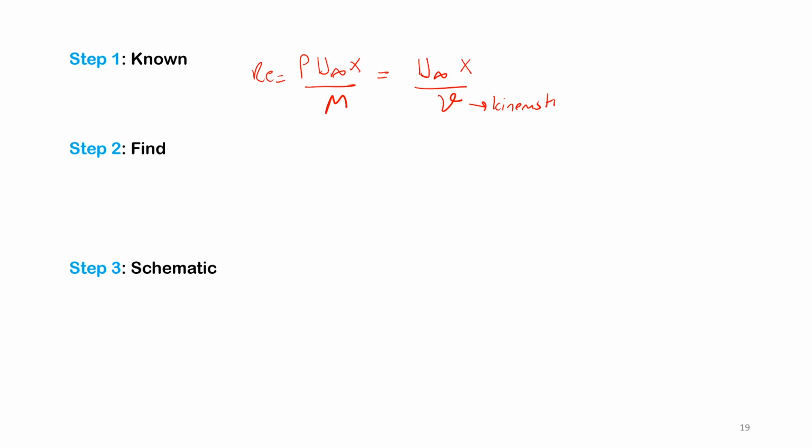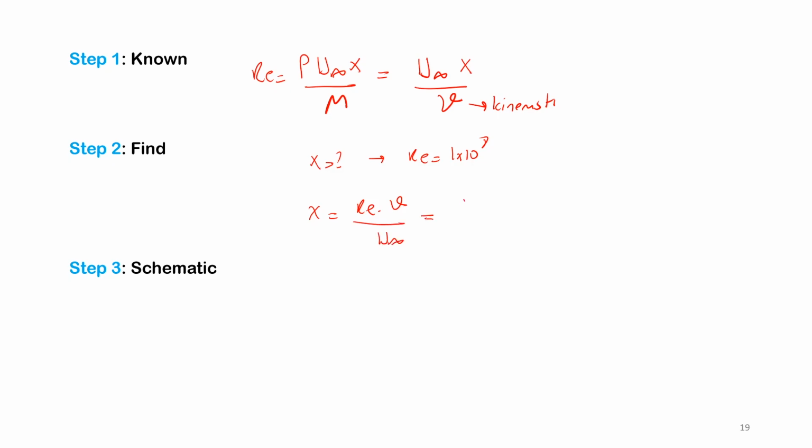So we want to know what is the x to achieve a Reynolds number of 1 times 10 to the 8. So we rearrange this equation.